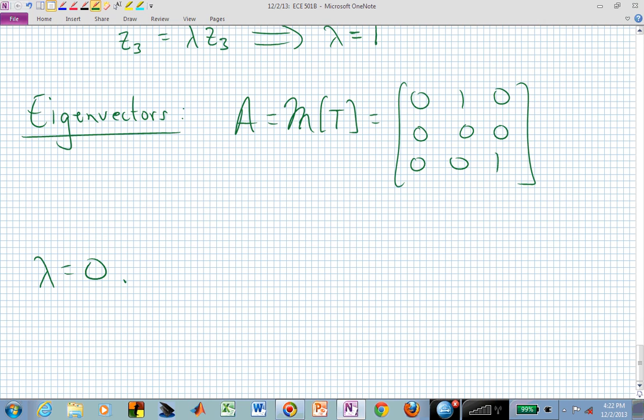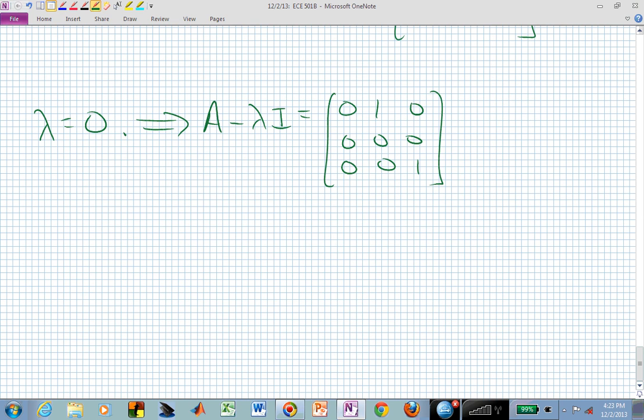When we use lambda equal to 0, A minus lambda I ends up being just A, doesn't it? Since lambda equals 0. So now we have 0, 1, 0; 0, 0, 0; 0, 0, 1. And we're looking for vectors that are in the null space of that.